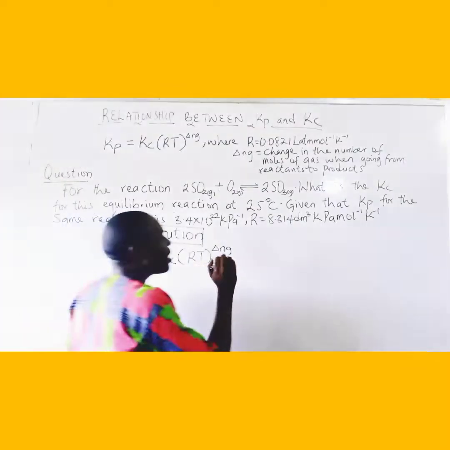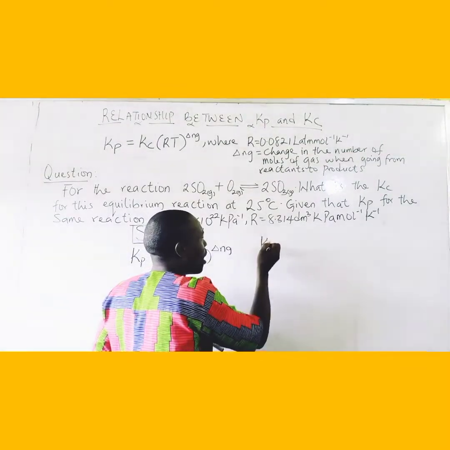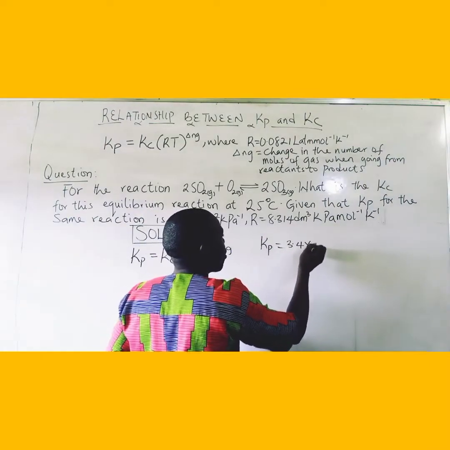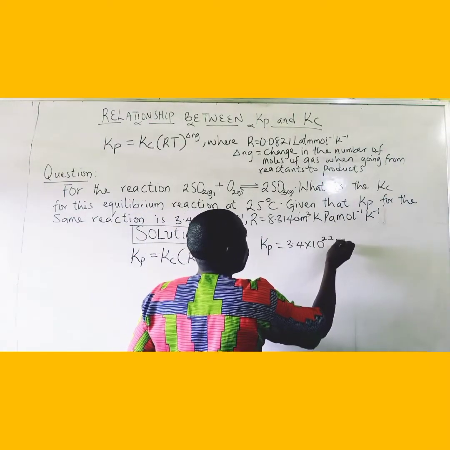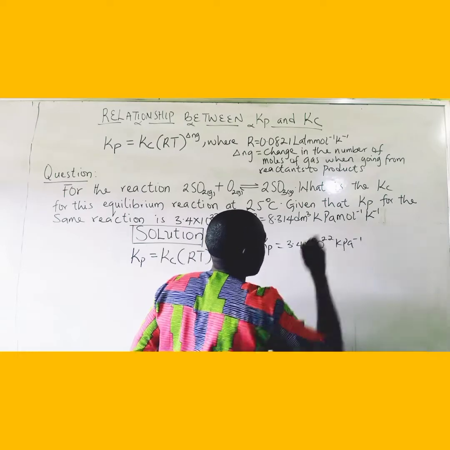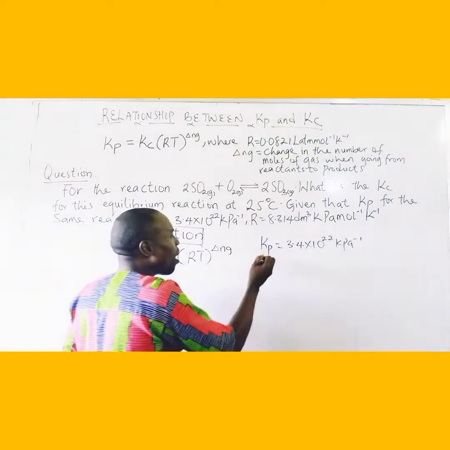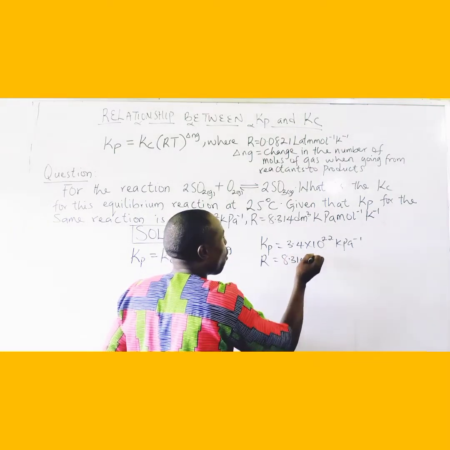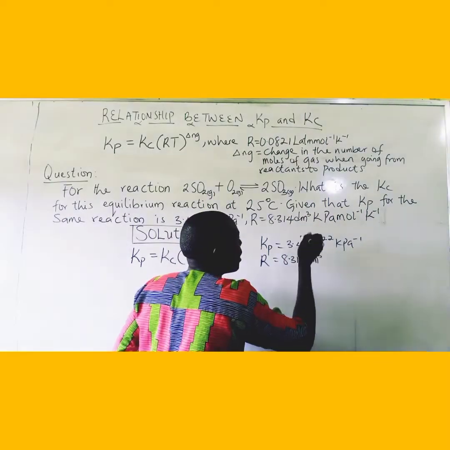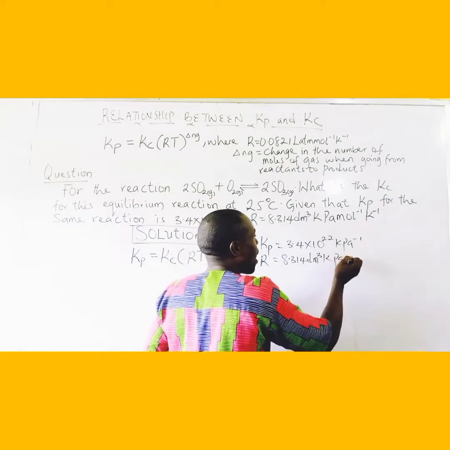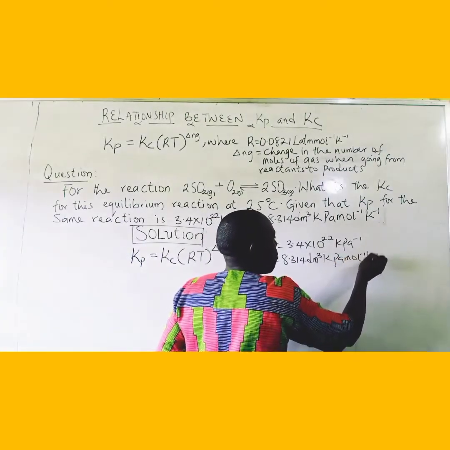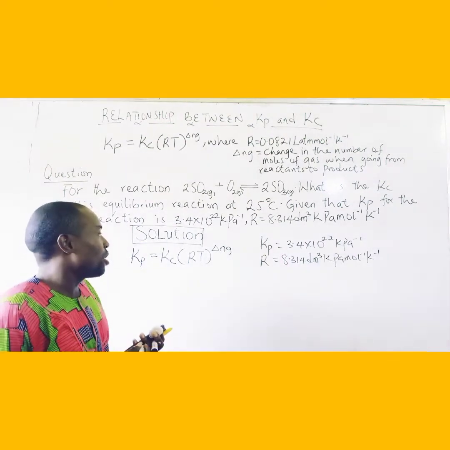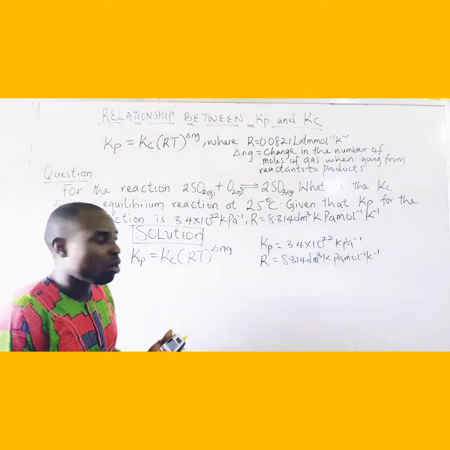Now, we are given our Kp to be 3.4 times 10 raised to the power 22 per kilopascal. Then we are given our R to be 8.314 cubic decimeter kilopascal per mole per Kelvin. You see, it is not difficult at all.